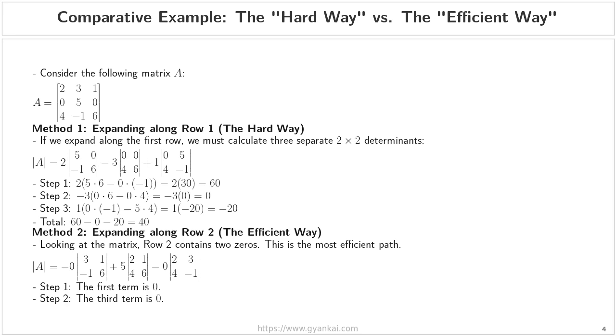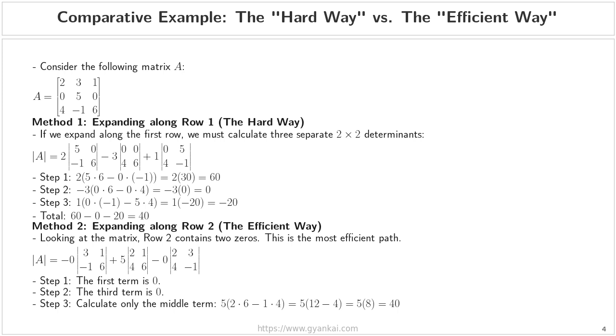Because of the zero property of multiplication we discussed earlier, the first term and the third term both immediately become 0. This leaves us with only one single calculation to perform, the middle term.